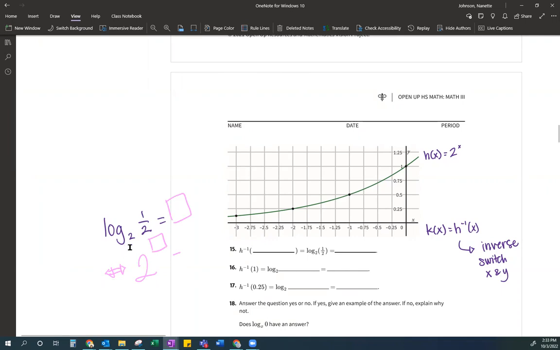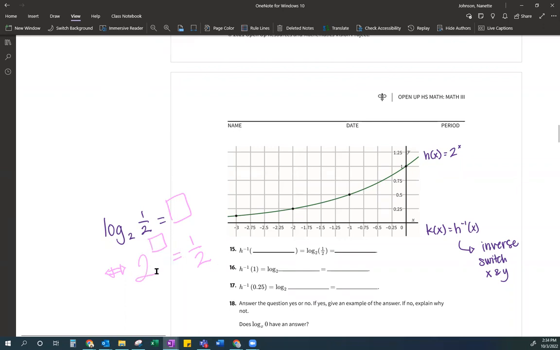Notice the base here is the base here. The answer of the log is your exponent. And the argument is the answer for your exponential. So learn how to translate from logs to here, because then it's going to make a little bit more sense. Okay, so 2 to the what gives me 1/2.